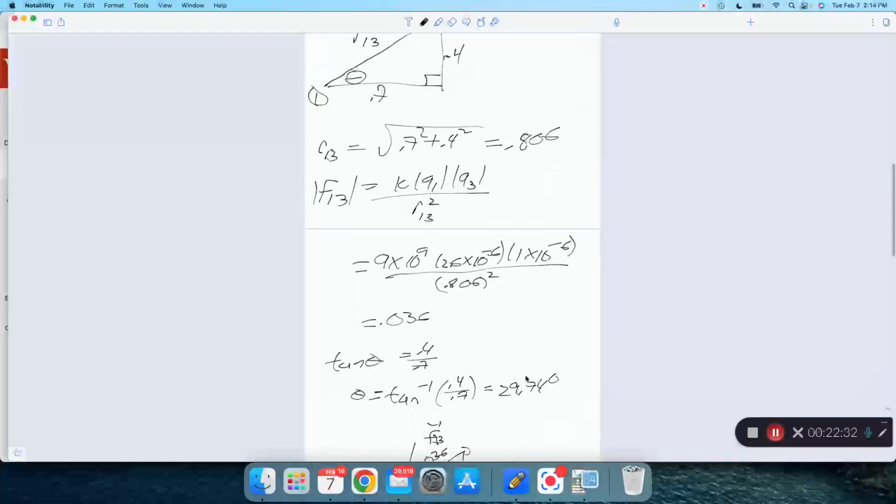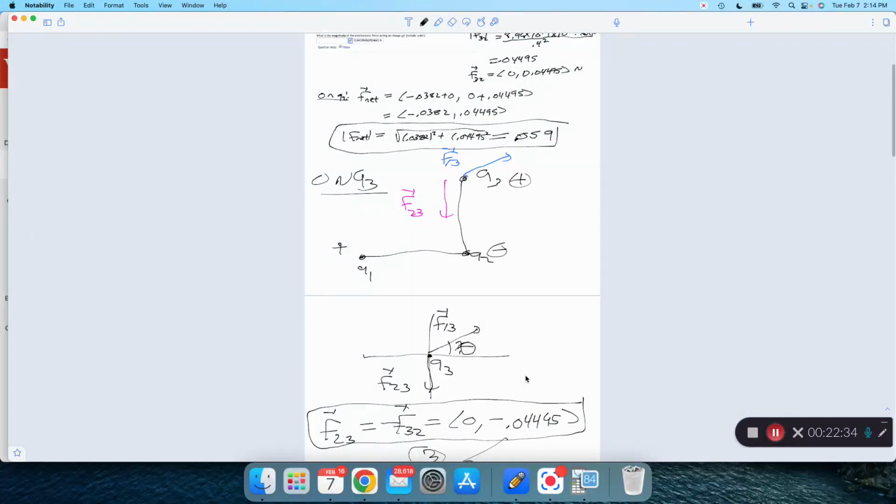Okay, so let's think about what we just did. I've got one vector pointing up that way, one that way. Those are going to add together. Remember how to add vectors? We add them tip to tail. So we've got 1 on 3 plus 2 on 3, and he's a little longer than that. The net force is going to point down like this.